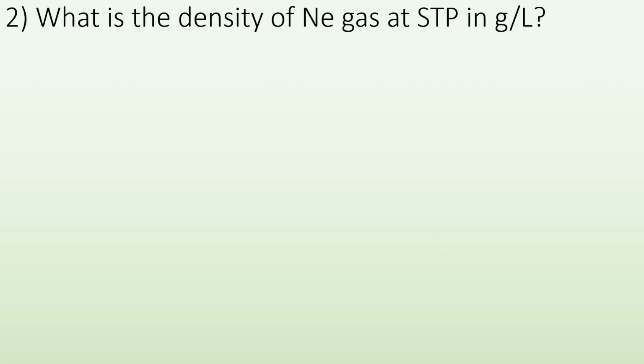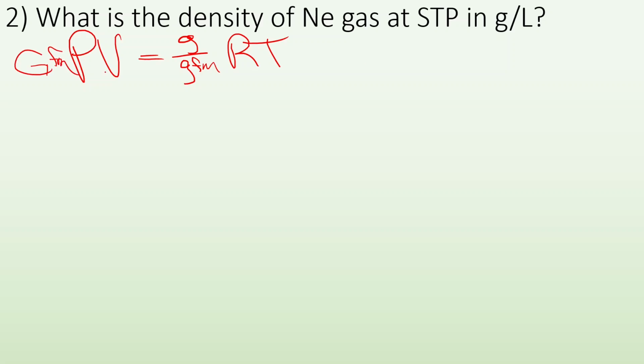Number two, what is the density of neon gas at STP in grams per liter? Again, I have PV equals nRT, but I also know that the moles is equal to grams divided by GFM. If I want grams per liter, I have to multiply by the GFM to cancel it out, then divide both sides by RT to get rid of RT on this side.